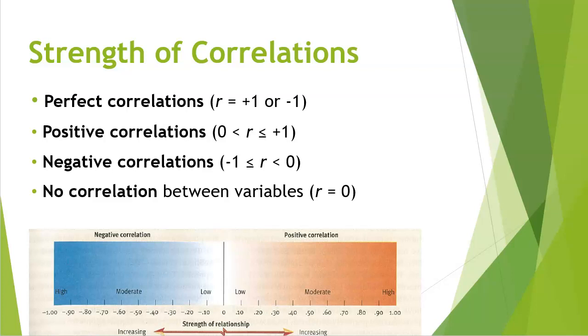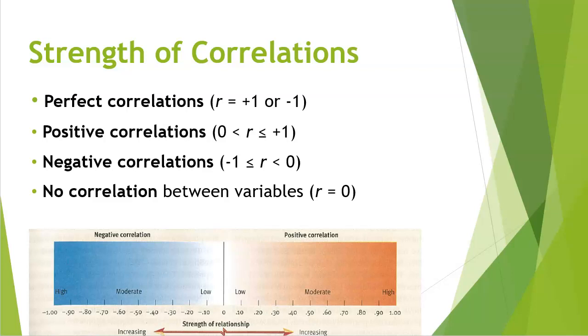A positive correlation is anything between 0 and +1, and a negative correlation is anything between 0 and -1. Now remember, positive and negative correlations do not actually include 0. If you have an R of 0, that means there is no correlation.